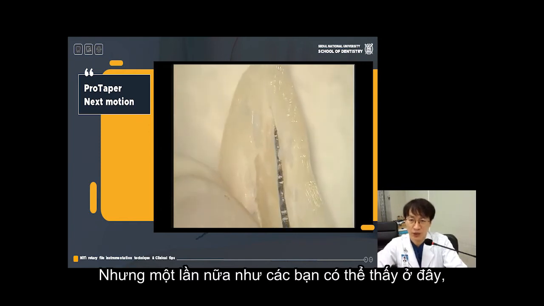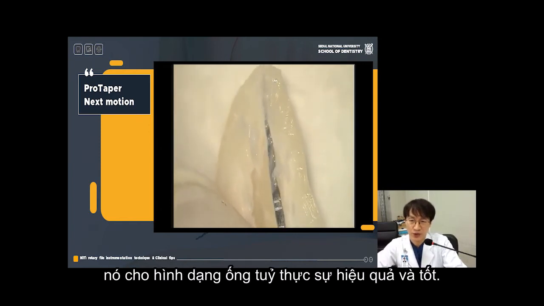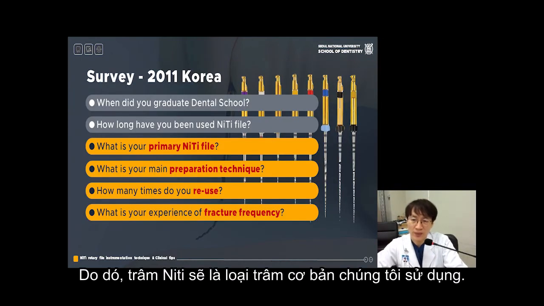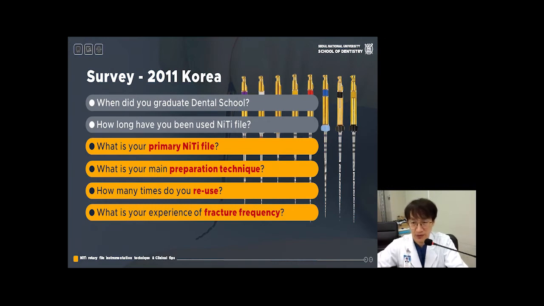But once again, as you can see here, it shows a really good, efficient shape. So that was going to be our primary nickel titanium file, but it was, like I told you, 10 years ago.